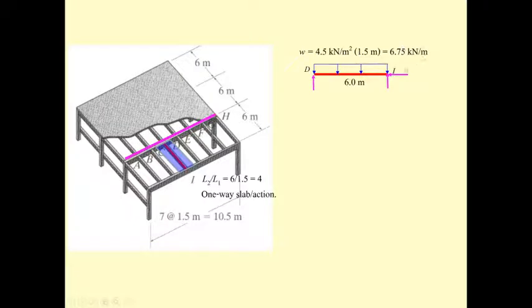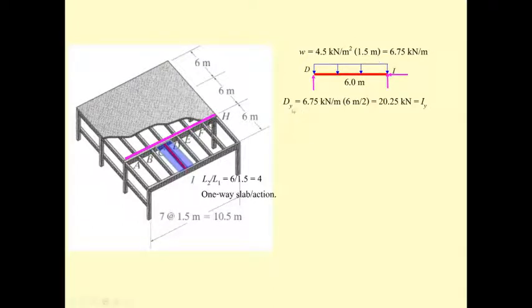Since the beam is assumed to be a simple beam, we let I be the pin and D be the roller. And then if you sum the forces in the x direction, I sub x is 0. For D sub y and I sub y, since the load applied on this beam is symmetric, D sub y will be equal to I sub y, each taking half of the total resultant force.